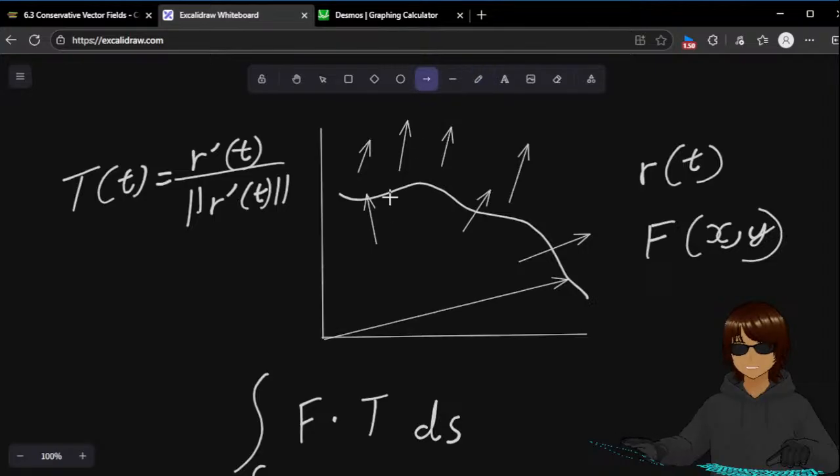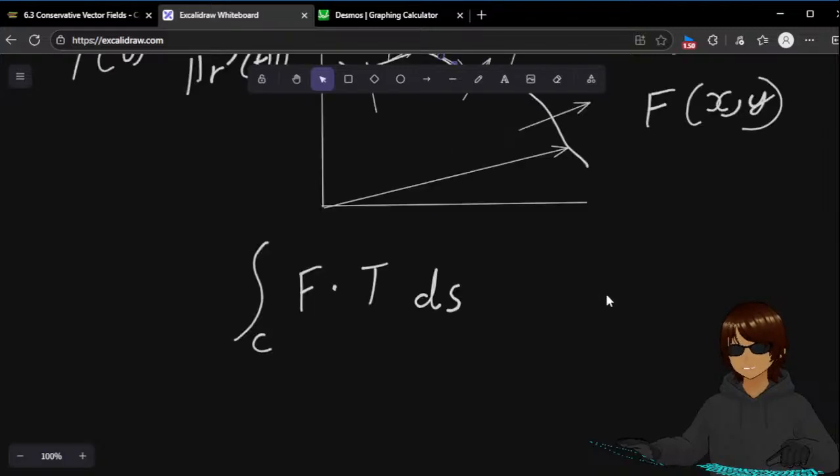So for example, the vector field at this point, let's say it's over here, times the tangent. Then the vector field at this point, let's say it's facing this direction, times the tangent. This product for infinitely many points. So ds is infinitely small.